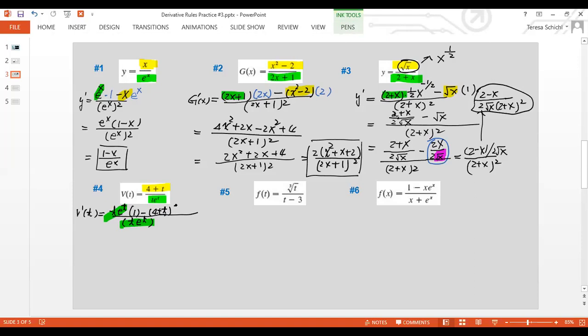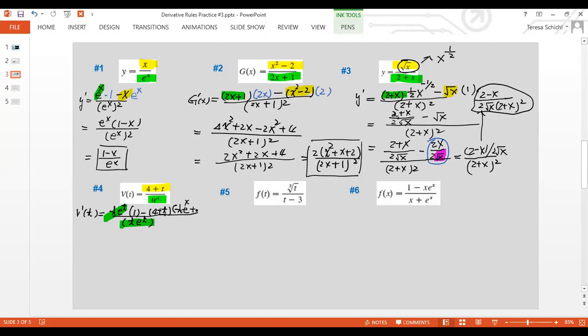Now the bottom here is t times e to the t. So when I try to do the derivative of the bottom, what rule do I need? I need the product rule, right? Because this is t e to the t. So I hold the first one, take the derivative of the second one, which is e to the t.